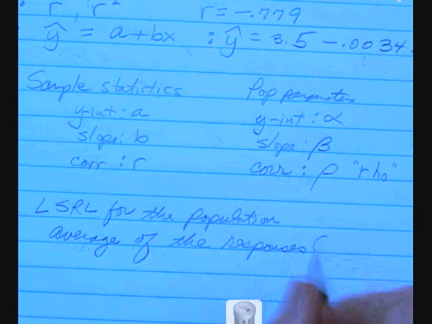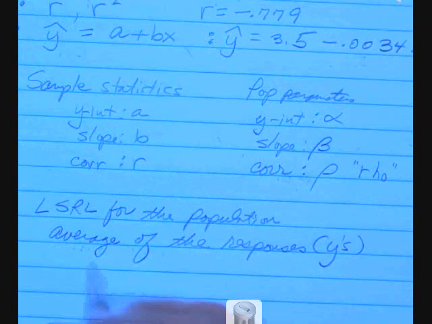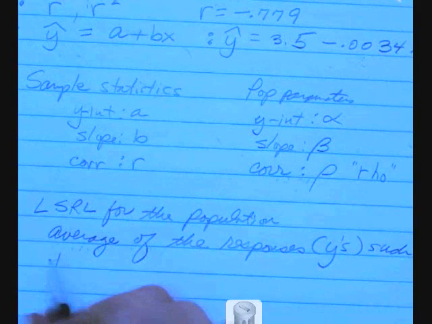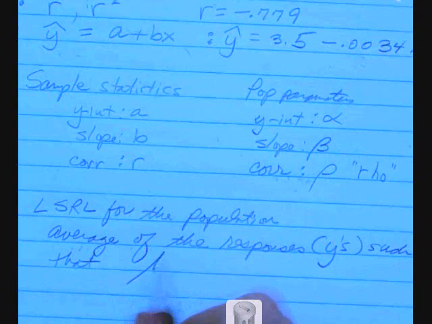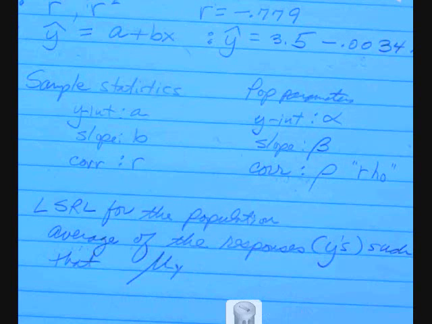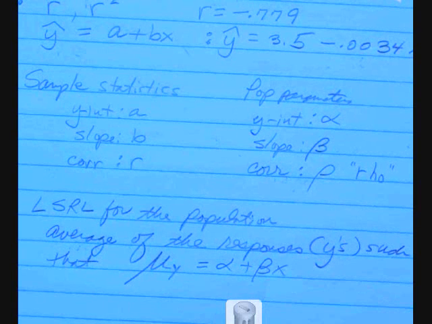Remember, responses are the y variables, such that the mean of those responses is the line alpha plus bx. Okay, so this may be what we're trying to predict from this population.